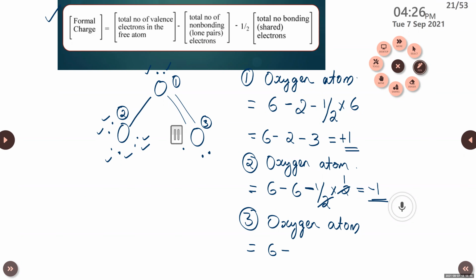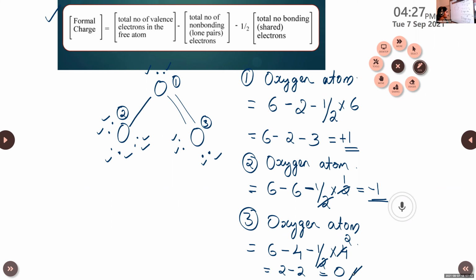It's 4: 1, 2, 3, 4. 4, minus half into how many bonded electrons? 4, because 2 bonds are there between the third and first oxygen atom, and each bond contains 2 electrons. So 6 minus 4 is 2, and 2 minus 2 is equal to 0. So this is the formal charge of the third oxygen atom.